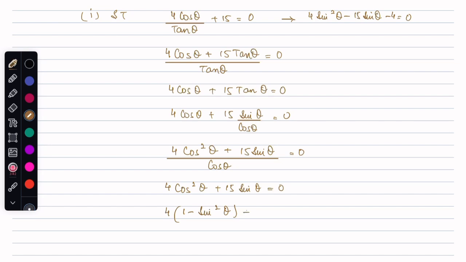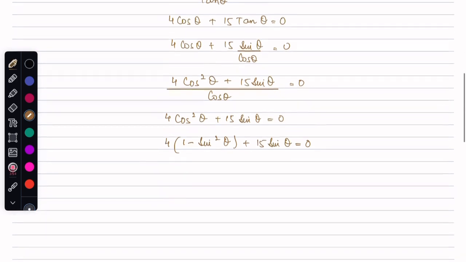Now you can see that we are just applying the identities here. The first identity that I applied was for tan theta, which is equal to sine theta over cos theta, and after that I'm using the identity for cos square theta, which should be equal to 1 minus sine square theta. So solving it further, this is 4 minus 4 sine square theta plus 15 sine theta, which should be equal to 0.